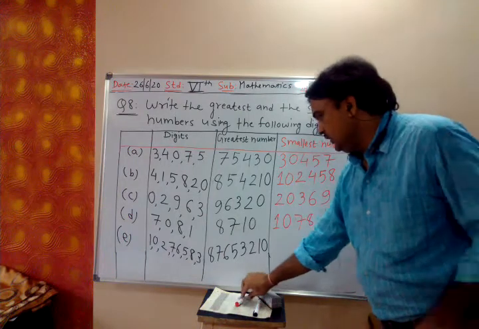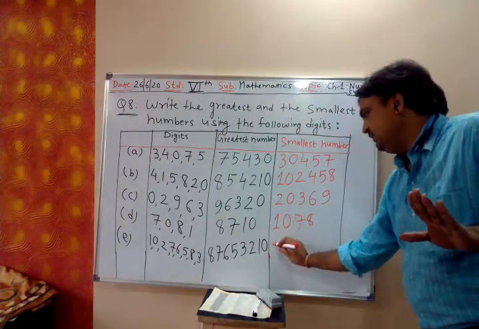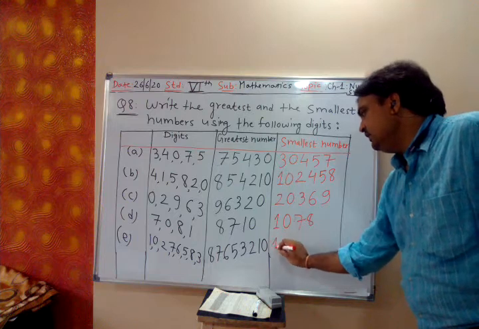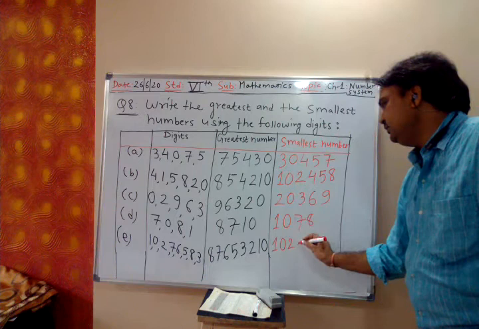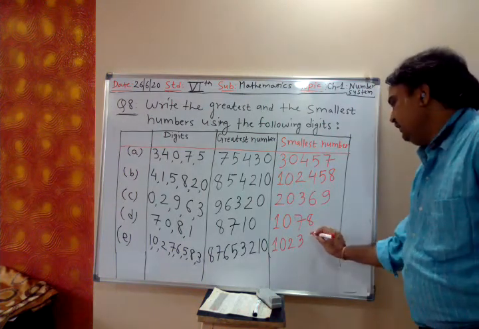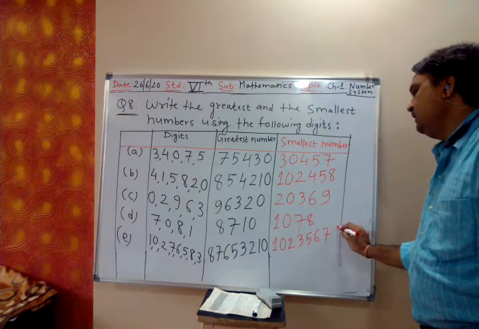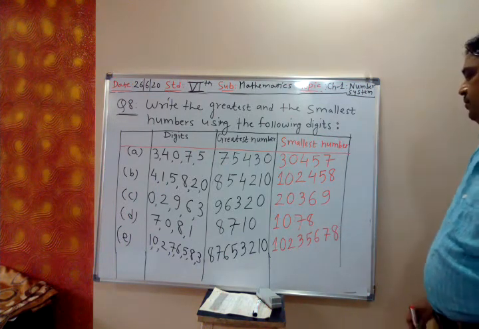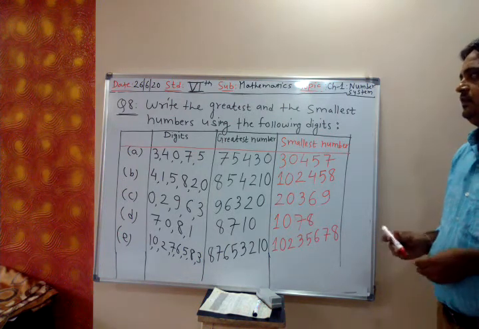This is the greatest number. Now the smallest number: I will start with 1, 0, 2, after 2, 3, then 5, 6, 7, 8. And this is the smallest number.